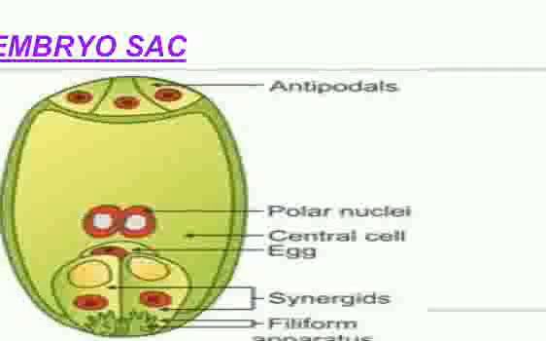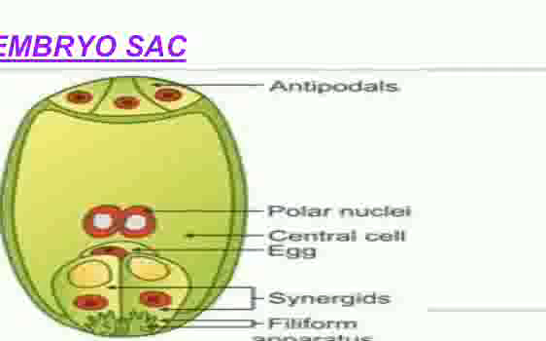The upper side, the micropylar side, consists of the synergids and one egg cell, and you can see the filiform apparatus inside the synergids, which plays a very important role in guiding the pollen tubes into the synergids. The egg cell on fertilization gives rise to the zygote, while the synergids get disorganized soon after the fertilization phase is over. On the other end, you can see 3 antipodals, which sooner or later also get disorganized.